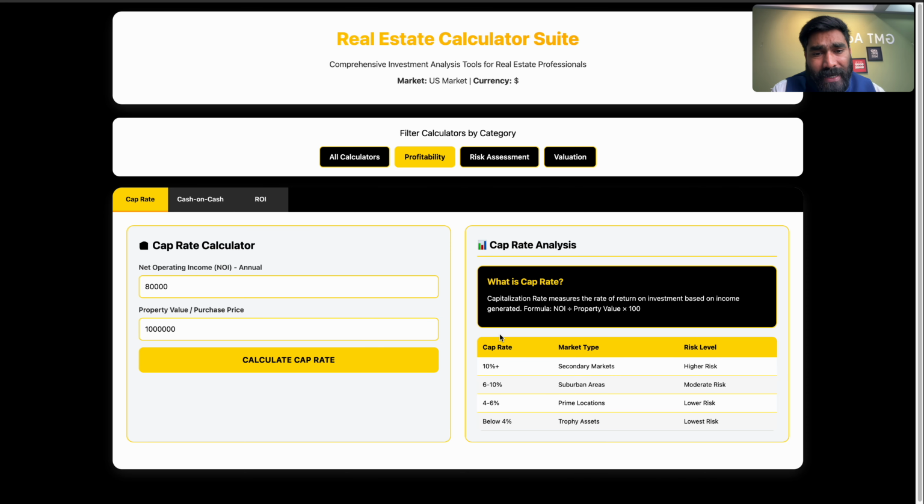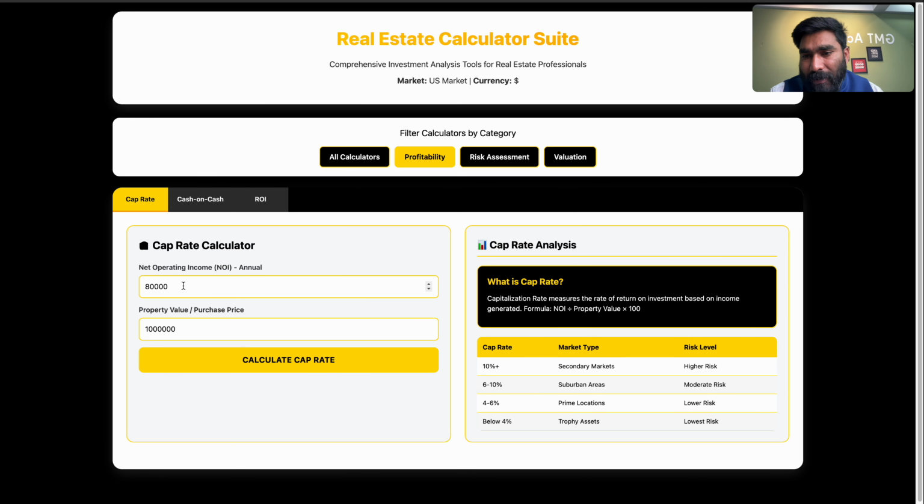Cap rate means capitalization rate, a measure of the rate of return on investment based on income generated from the property. The formula is net operating income divided by property value, multiplied by 100. If you just put it in the calculator, you will get the exact cap rate.